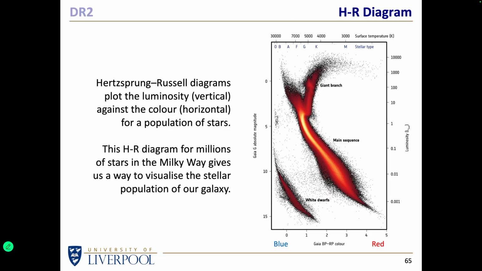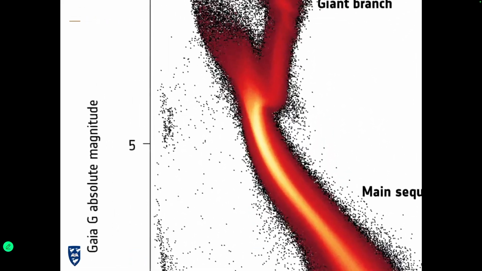Well, one thing we can do is simply say, we've now got data for many millions of stars with their colours as well as their absolute magnitudes. If we know the distances and we know how bright they look, then we know how bright they are. So now we have a way of mapping out, instead of simply giving an idea of what we think the luminosity and colour diagram looks like, now this is actual data. Each dot corresponds to a star.